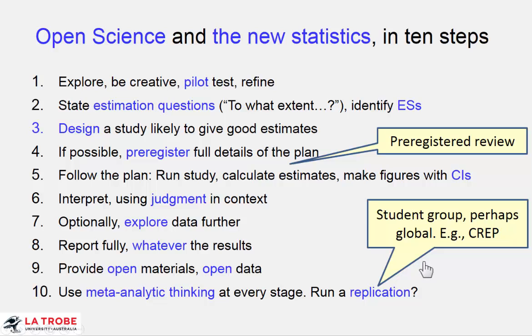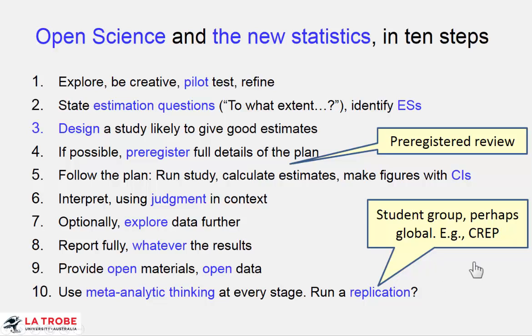And then our second little example is a number of projects being set up to encourage student groups, maybe yours, to work on projects together, perhaps with other groups around the world, maybe on replications. If your proposal is approved, then you can run it, and it will go into a meta-analysis of a number of studies perhaps from around the world that follow up on some interesting published research.